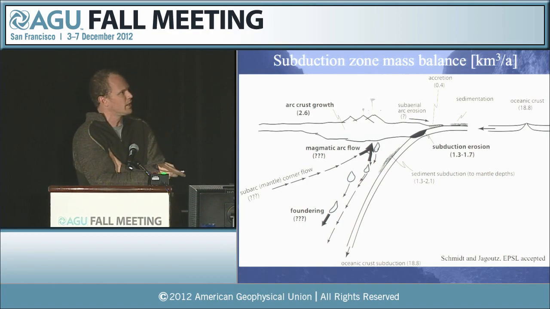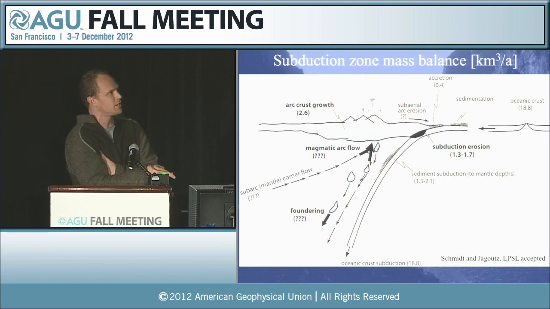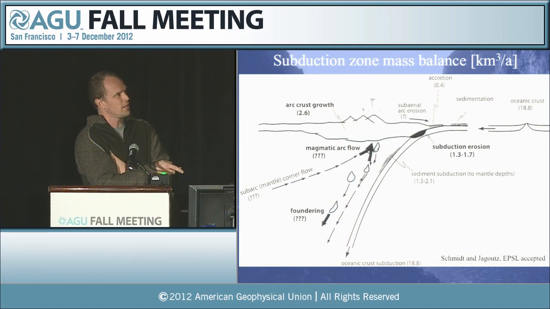And so to understand this delamination mechanism and the magnitude of it, it is important if we want to understand the mass balance in subduction zones. We can approximate how fast arc crust grows, and there's a lot of discussion about it, but in principle we can achieve numbers here. We can also approximate what subduction erosion and sediment subduction to a certain depth in the mantle might do, and we can approximate relatively easily what the crust production rate is at divergent plate boundaries.